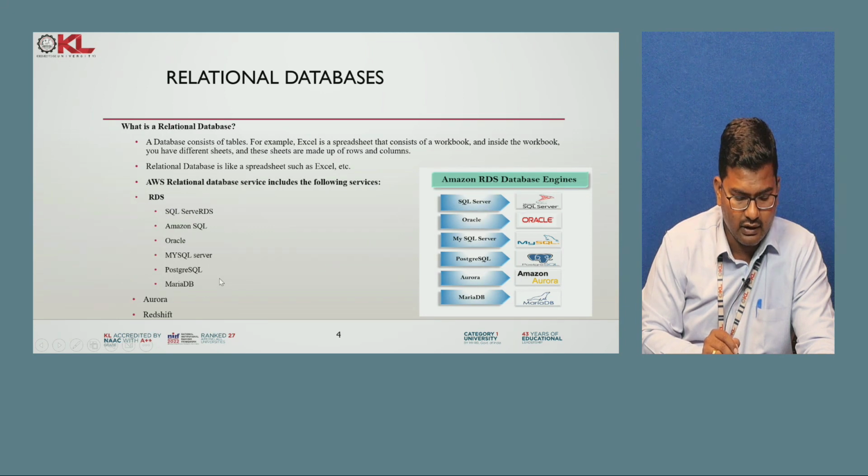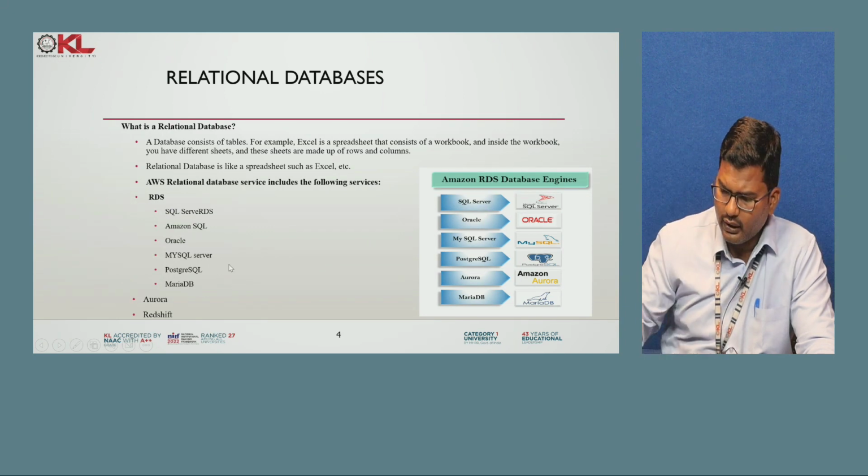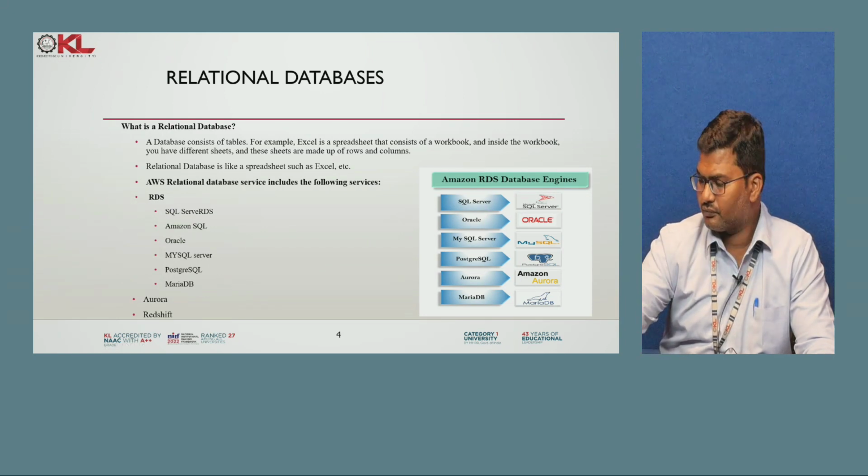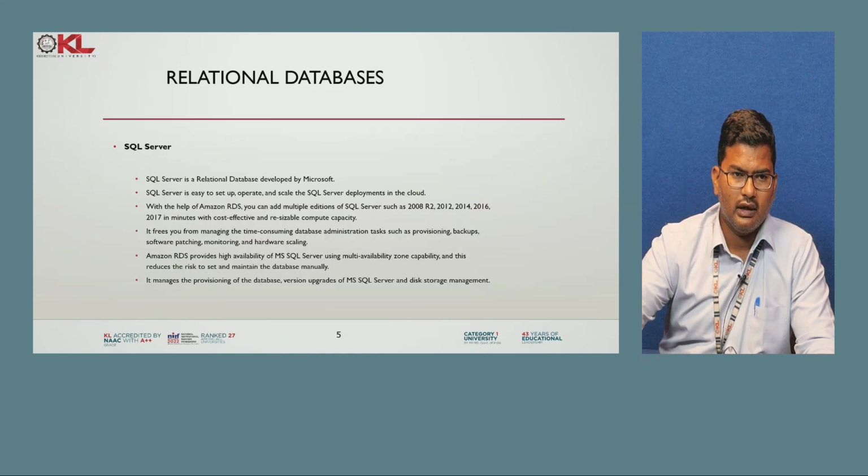Let us see them one after the other. Now let us see the first one, that is SQL Server. SQL Server is a relational database developed by Microsoft, and it is easy to set up, operate, and scale to different server deployments in the cloud.